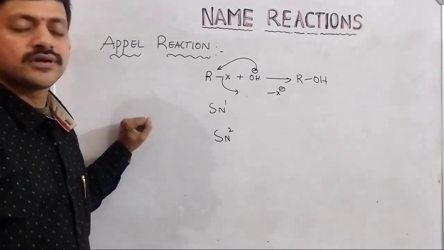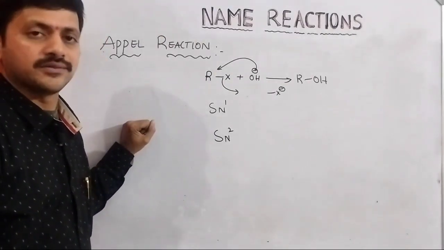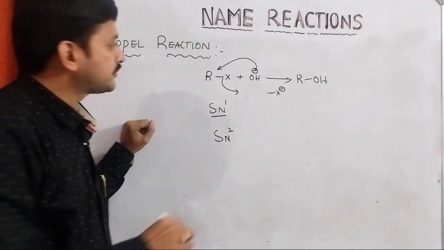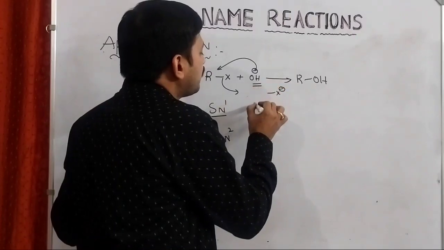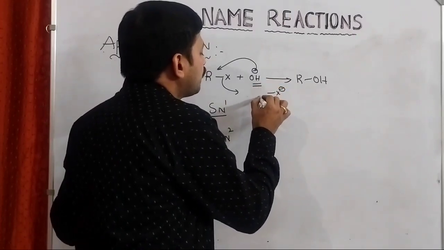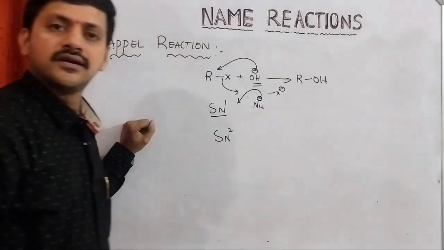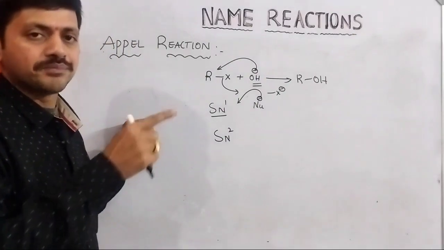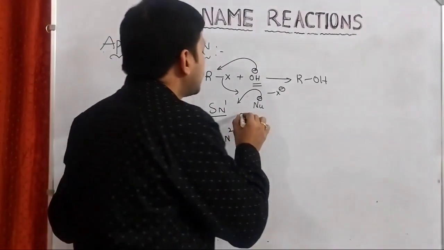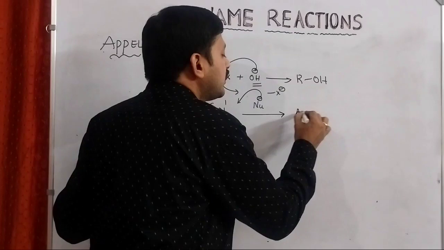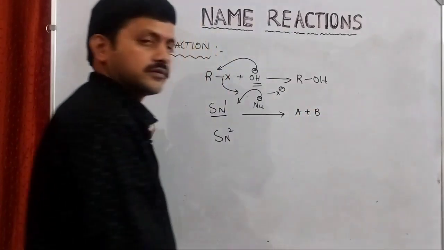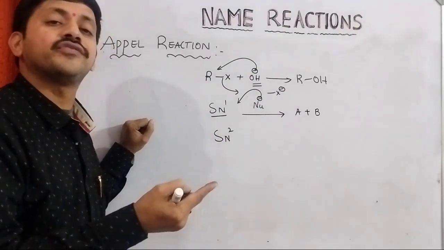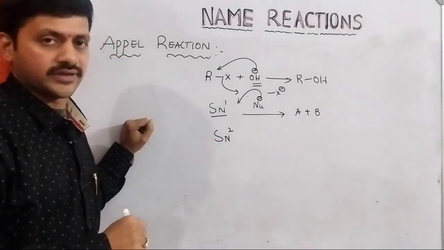If you see these two kinds of reactions, what we are observing in case of the SN1 reaction, whatever the nucleophile we are having, the nucleophile may approach the reactive center either from the front position or from the back position. That's why in case of SN1 reaction, we are getting a mixture of products, right, with retention of configuration and with inversion of configuration.